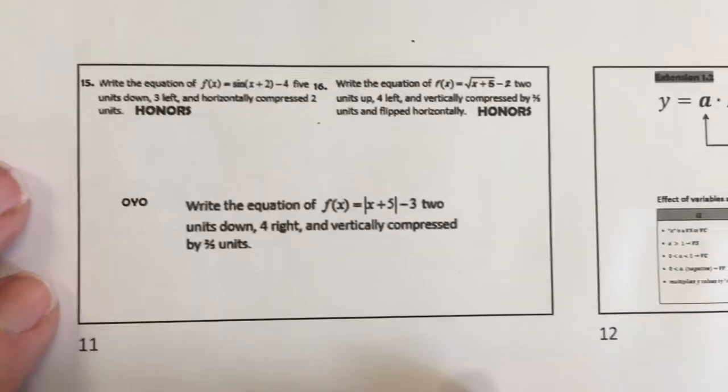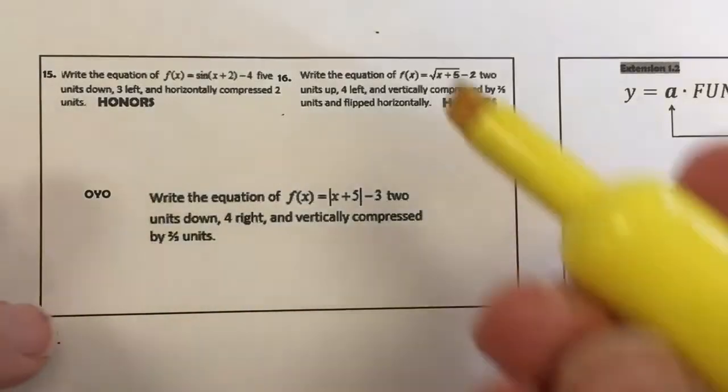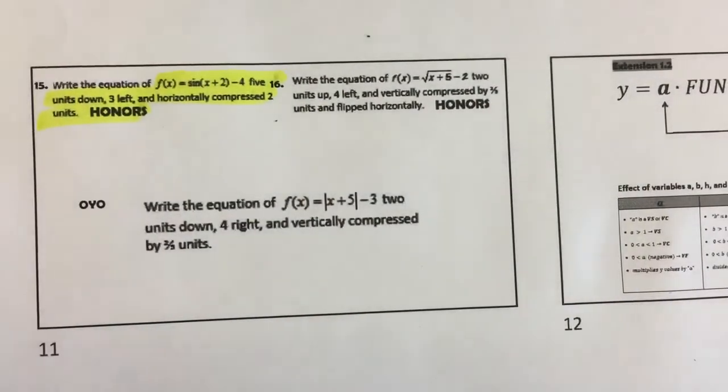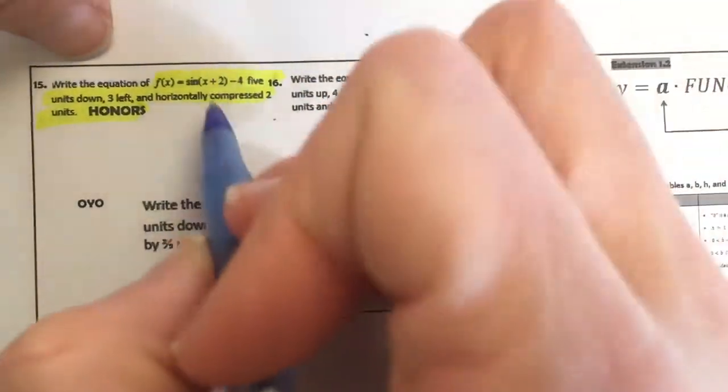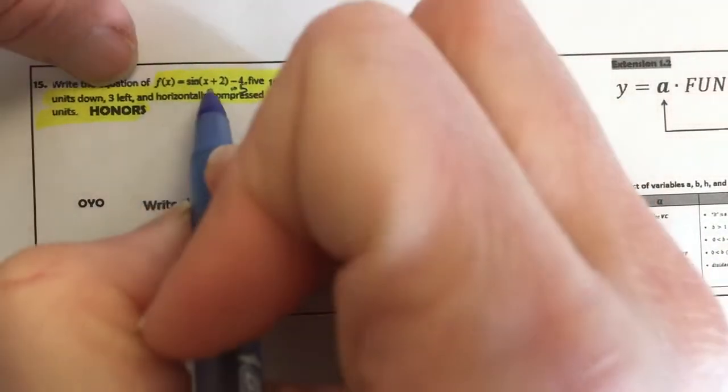All right, 2 more. Write the equation f of x equals sine of (x plus 2) minus 4, 5 units down, 3 left, and horizontally compress 2 units. All right, so 5 units down would mean you're subtracting 5 from the 4. 3 left would mean you're adding 3 to what's on the inside.